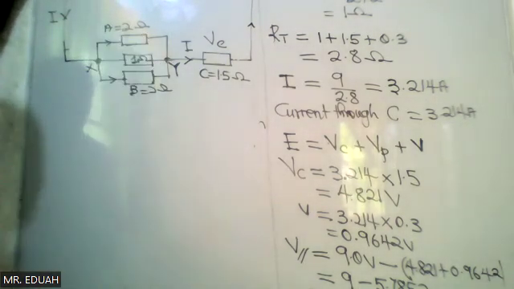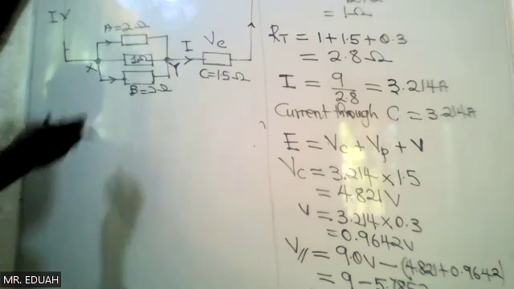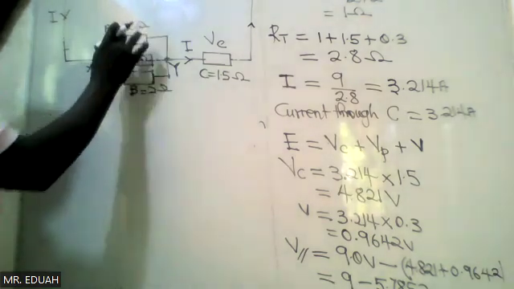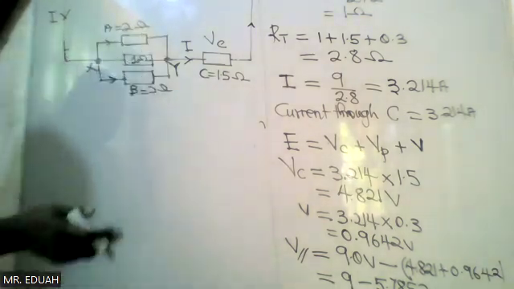So when I calculate the current flowing through A, it is the same as the current flowing through B, because resistances are the same and potential difference are also the same.